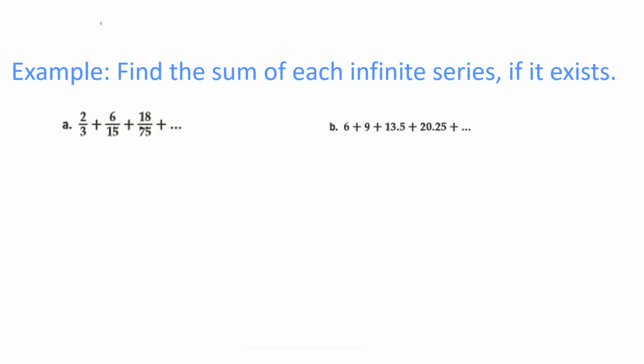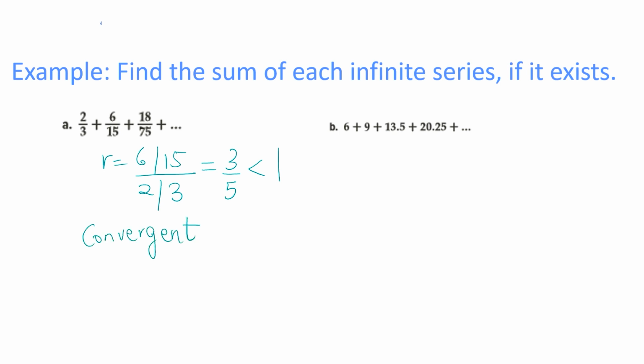To begin with, let's find the value of r, which we can find by dividing the second term by the first term. So we divide 6 over 15 by 2 over 3. This gives us 3 over 5, which is less than 1. That means this series is convergent and sum to infinity exists.